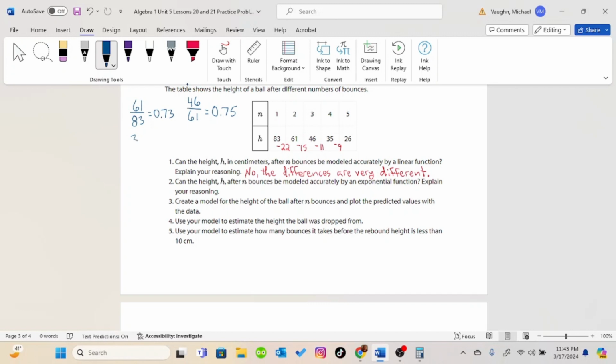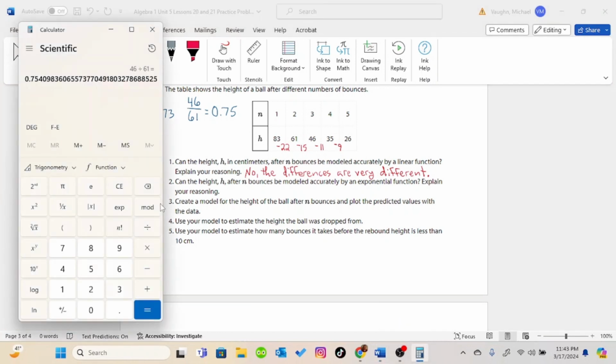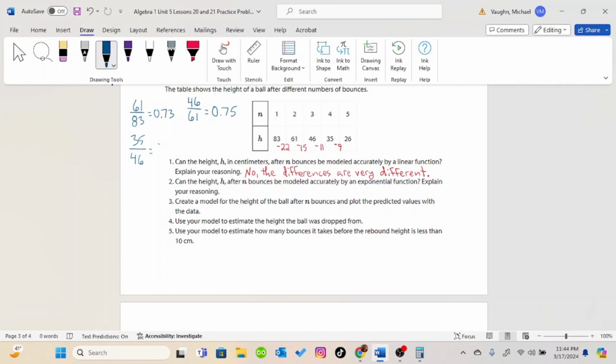Next, we could do 35 divided by 46. And that's 0.76. And finally, we could do 26 divided by 35.